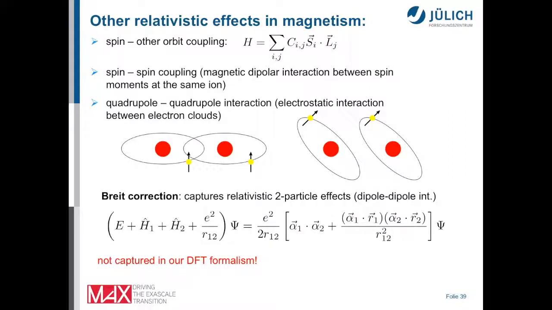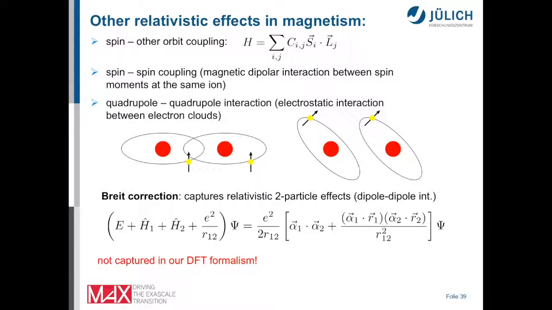If you want to describe them, you have to go beyond the Dirac equation, because the Dirac equation is a single particle equation, and you can capture this with the so-called Breit equation, which is actually rather demanding.